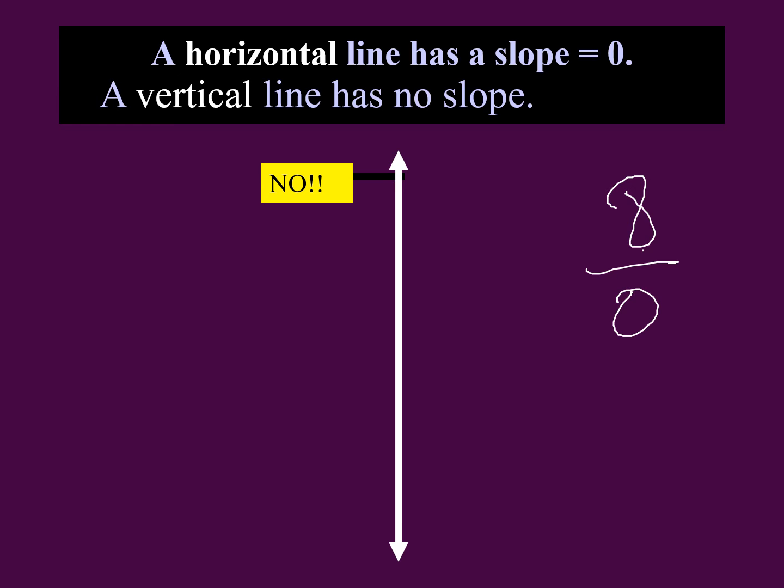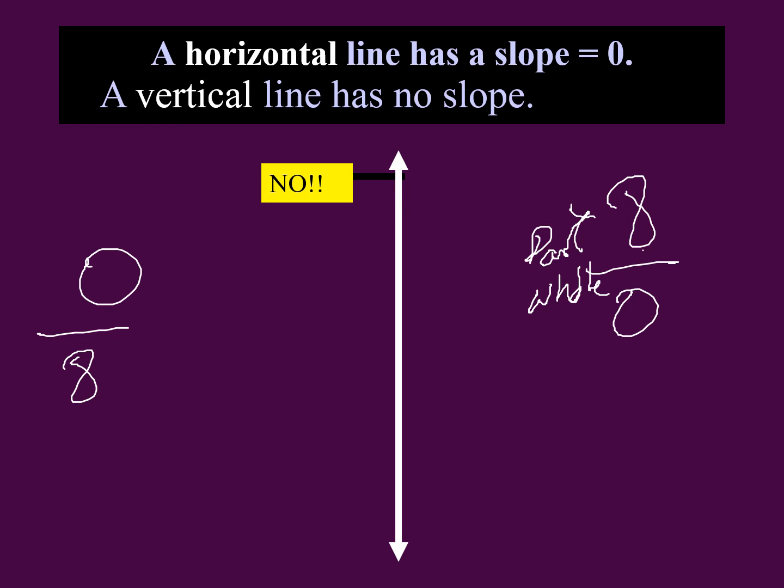That's like saying I've got 8 pieces of nothing. You always do the part over the whole when you think about a fraction. If there's 0 pizzas, you're going to have 8 pieces? No, that can't happen.